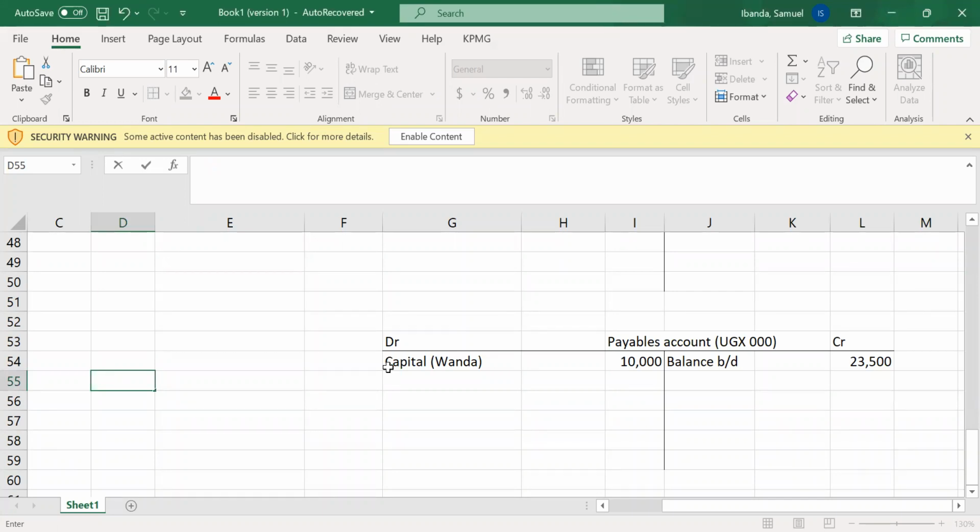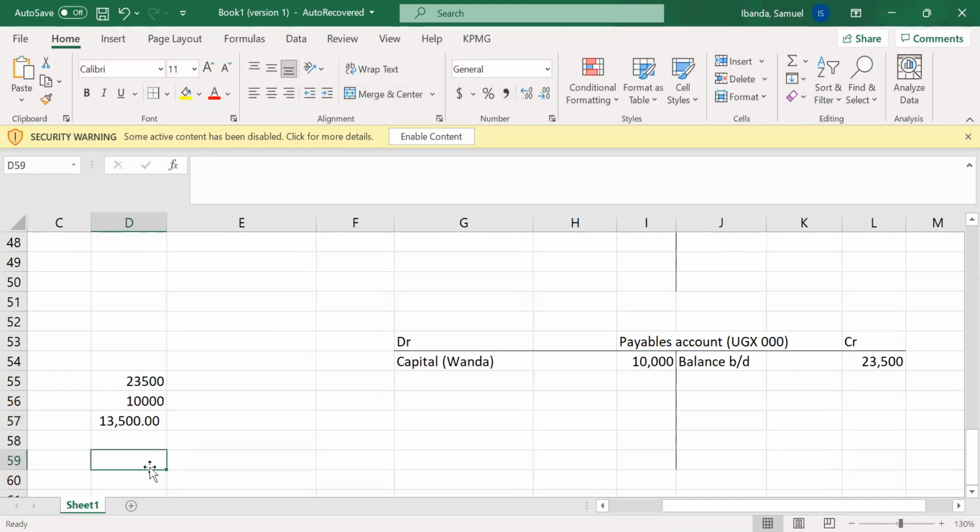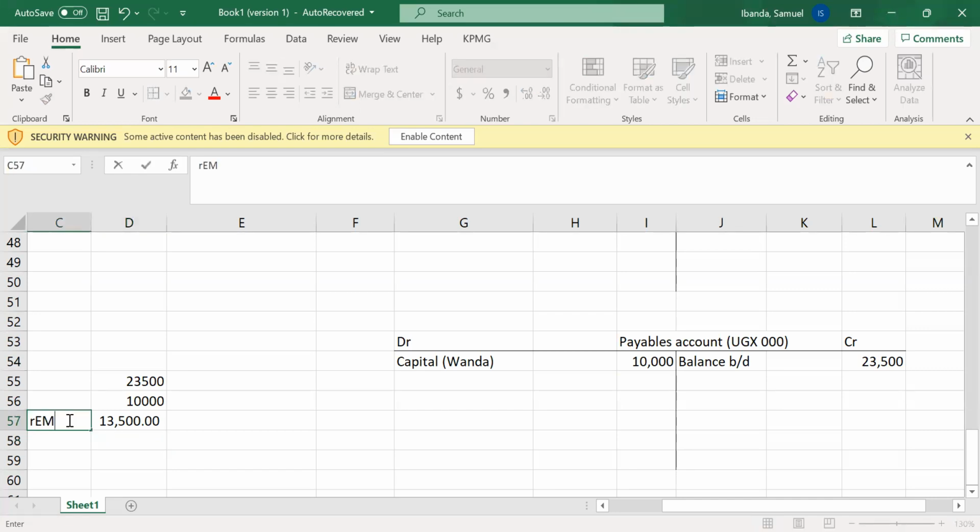Let's see. So the obligation is 23,500 and we paid 10,000. So the difference is 13,500. So they're telling us that this was paid less 10% discount. So this is the remaining obligation. This is the 10% discount.